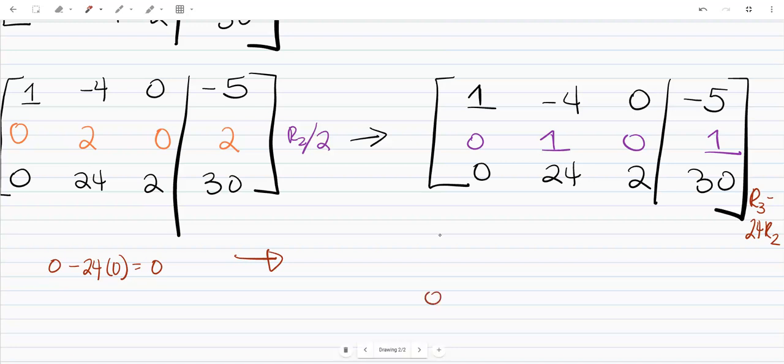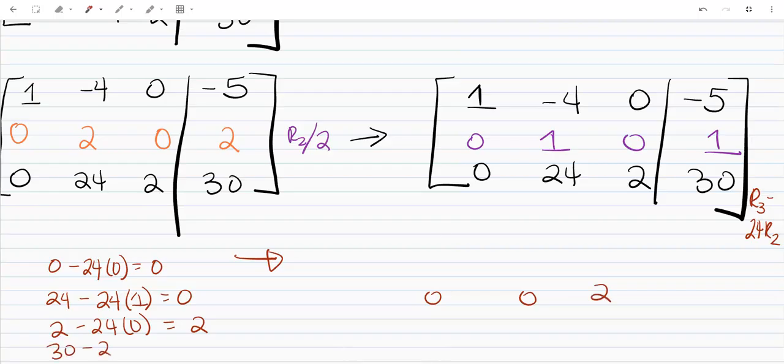For my second entry, that is 24 minus 24 times 1, which is again just 0. Then finally, I want to use 2 minus 24 times 0, which just leaves me with 2. Then I have 30 minus 24 times 1, which gives me 6. This is my new row 3.